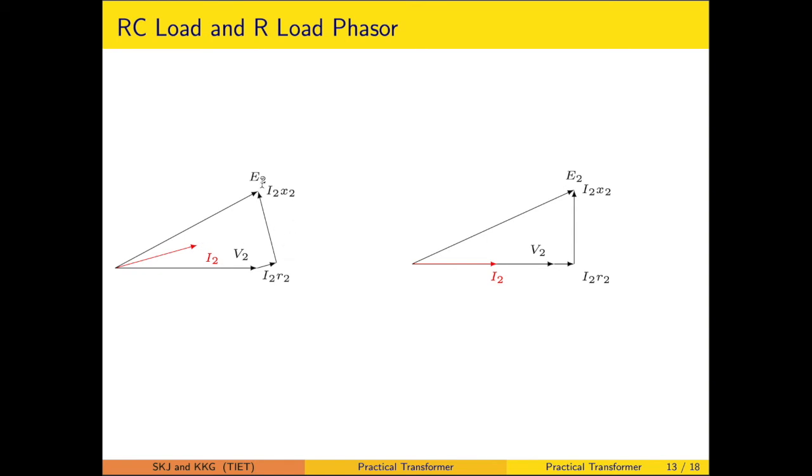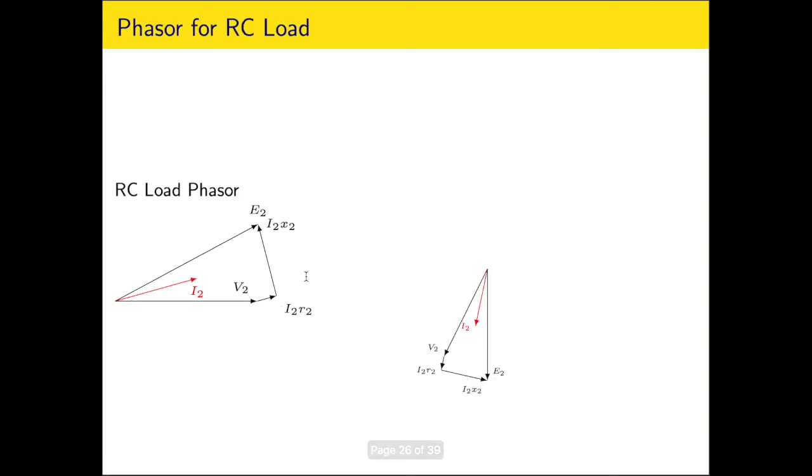Then jI2X2 will be 90 degrees leading to that. And then you can easily add the phasors to find out the E2 and so on. So here for the RC load, the same steps. This is a reference. It has been rotated such that E2 is coinciding with the vertical downward direction.